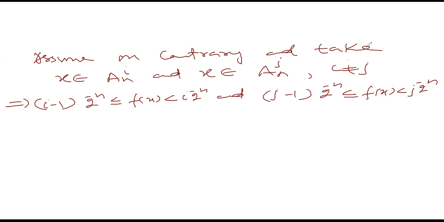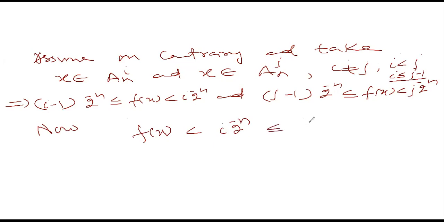Now, since i is not equal to j, we can assume that i is strictly less than j. So that means i is less than or equal to j minus 1. Now here, f of x is less than i times 2 power minus n, but i is less than or equal to j minus 1, so it is less than or equal to (j minus 1) times 2 power minus n, which is less than or equal to f(x).